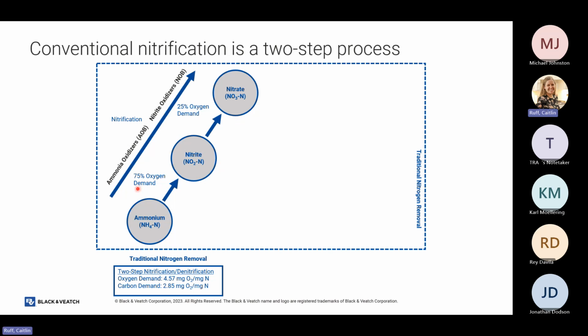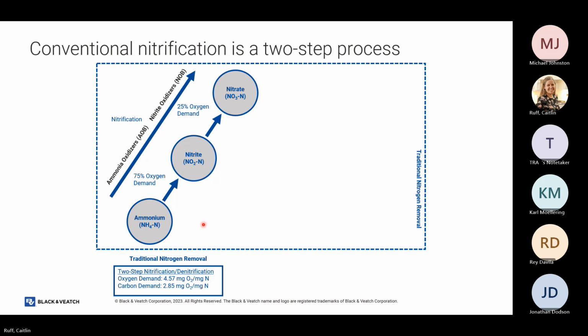This is carried out by two groups of bacteria, our AOB and our NOB. AOBs handle the first step, ammonium to nitrite, and they're our slowest growers. The NOB are responsible for the second step, from nitrite to nitrate.